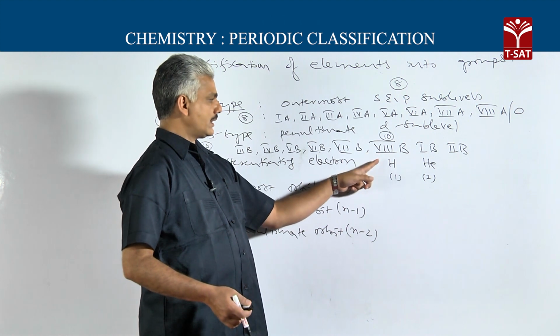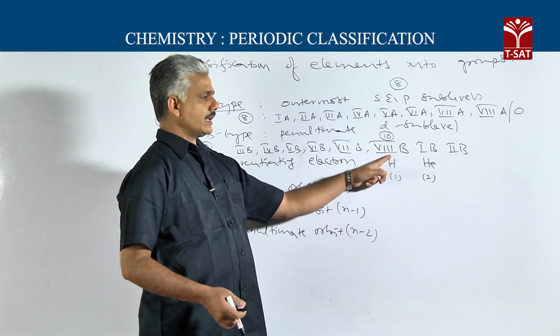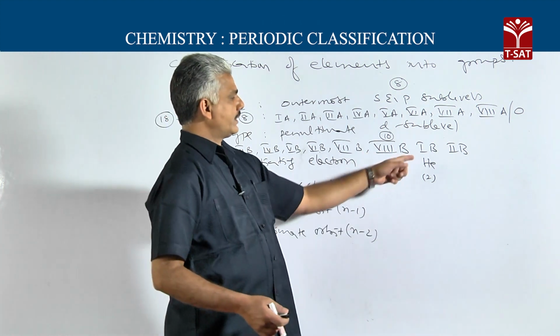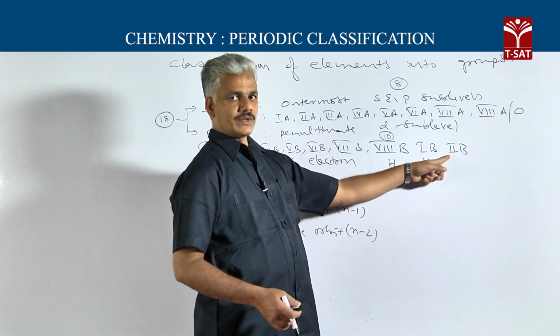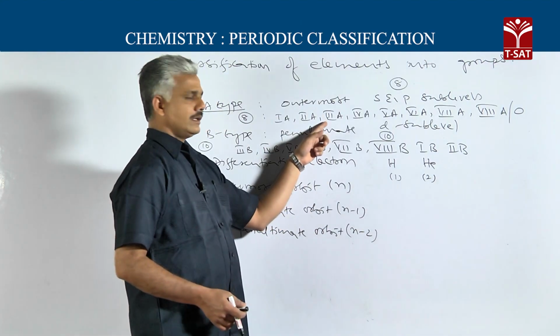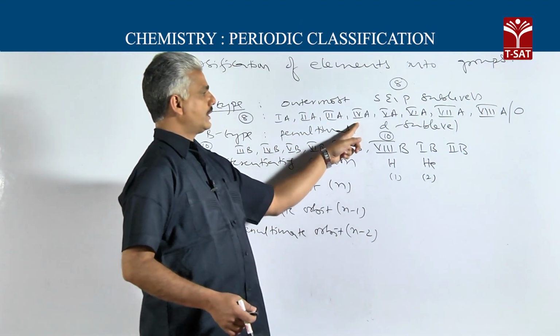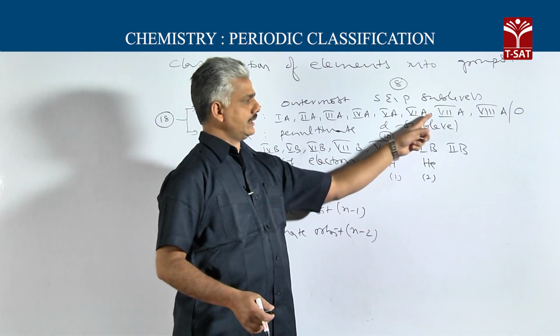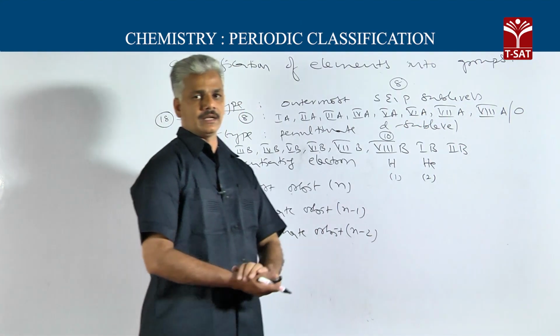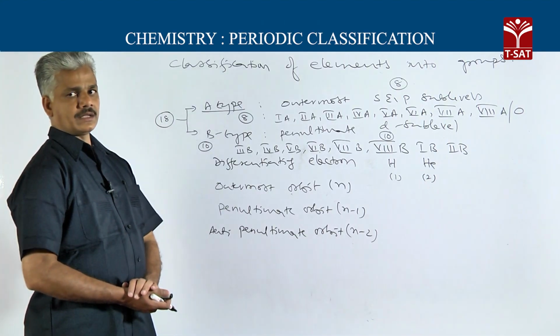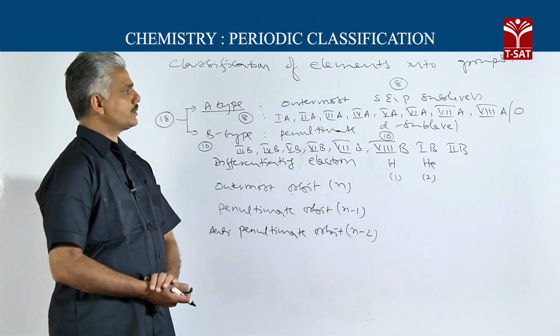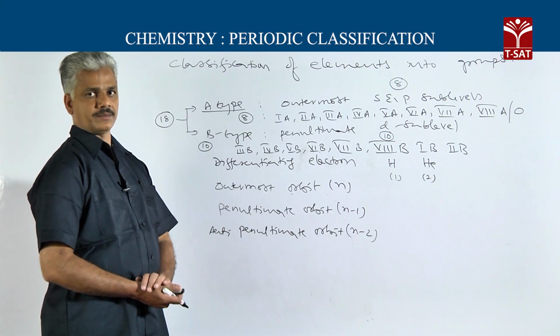That is why they are numbered 8, 9, 10. 1B is called the 11th group, 2B is called the 12th group. 3A is 13, then 14, 15, 16, 17 and 18. So, that is the suggestion given by EAPCET to indicate the groups present in the periodic table.